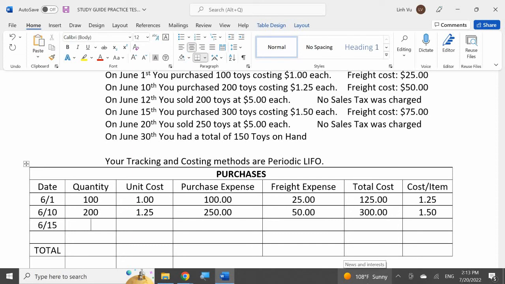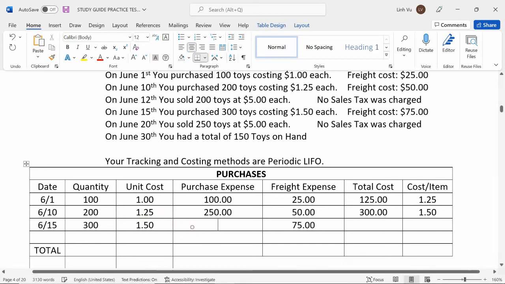So on June 15, if I purchase 300 units at $1.50 each with a freight of $75, what is my total purchase price?